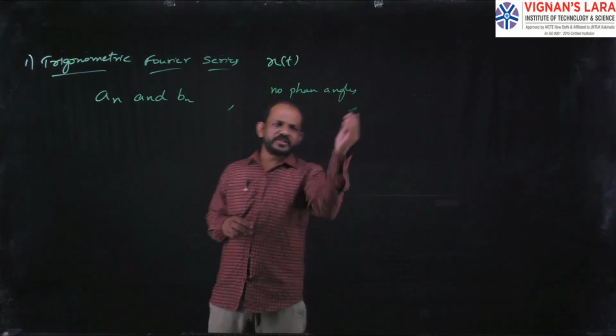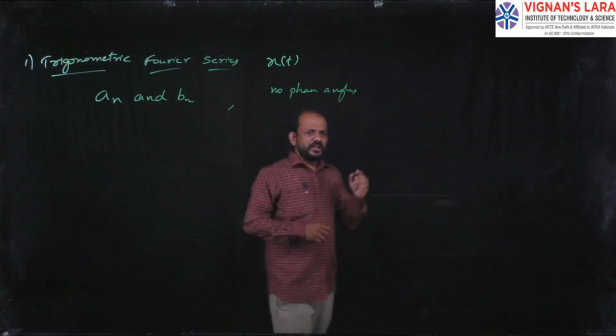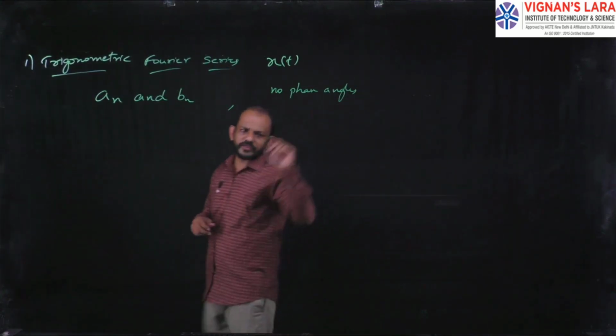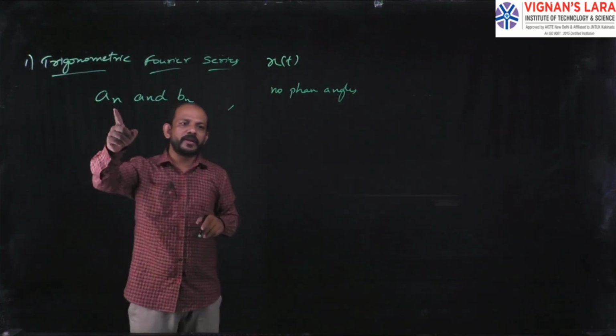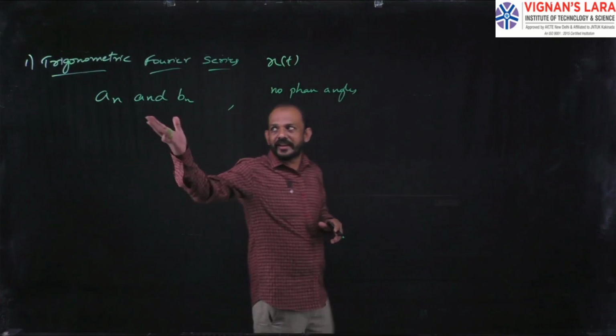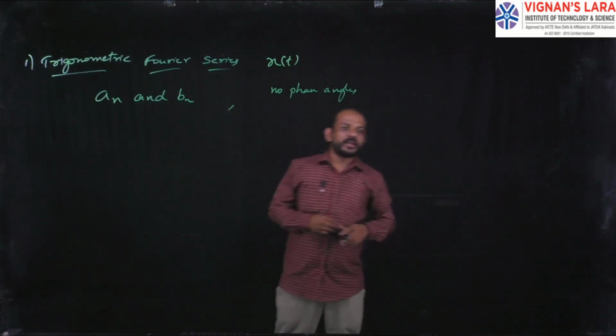We all know the equation, that is x of t equal to a naught plus summation n equal to 1 to infinity an cos n omega naught t plus bn sin n omega naught t. There the coefficients an and bn are the trigonometric Fourier series coefficients.